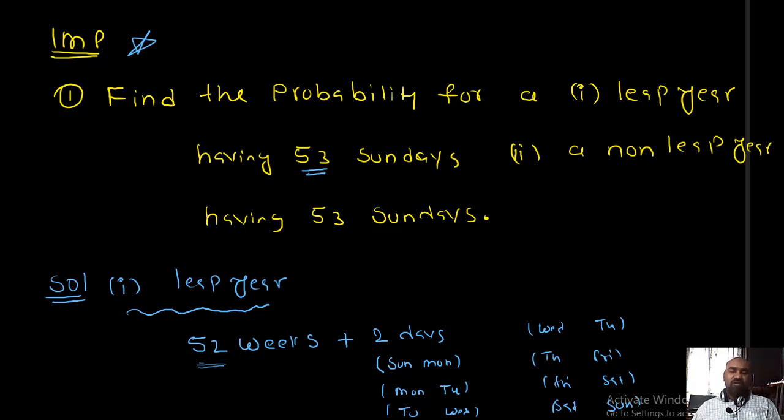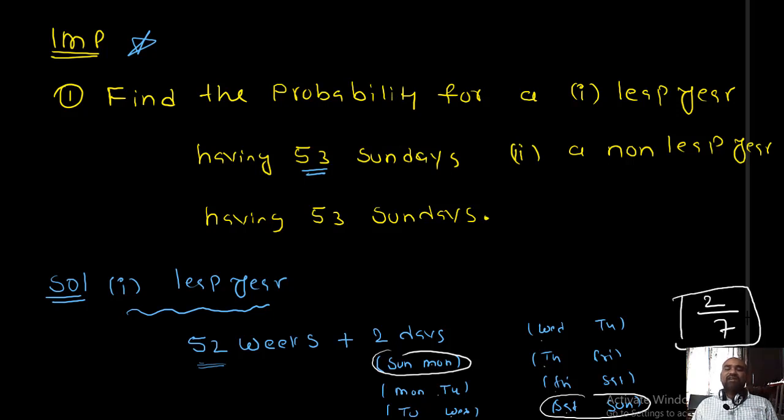But what are the favorable ones? This is a favorable pair and this is another favorable pair. From these only you get Sunday. So 52 Sundays are complete, and these two are favorable pairs. Any one of them happening works. The required probability is 2 by the total. How many pairs are here? 7 pairs: 1, 2, 3, 4, 5, 6, 7. So 2 by 7 is the required probability that a leap year has 53 Sundays.